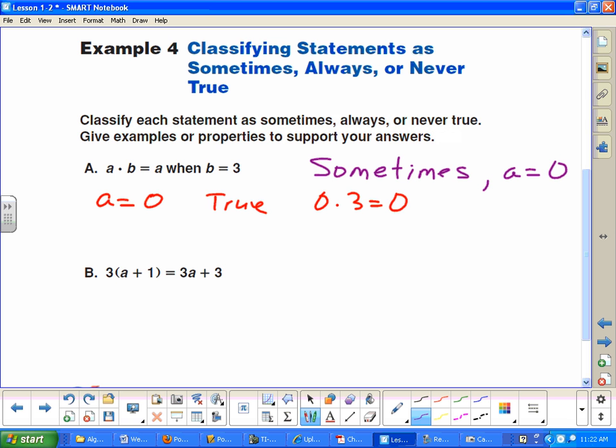Letter B, does this meet one of our properties? Matt's giving a thumbs up. So which property is that, Matt? Okay, so this is the distributive property.